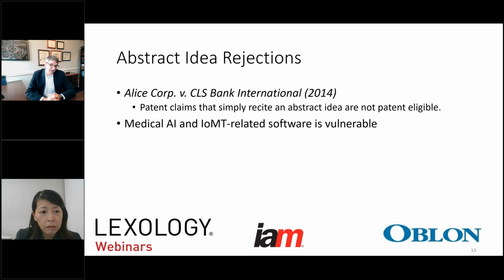It has been indicated by the director that AI is an important area in the US economy and in the future of technology. And so the Patent Office wants to be involved in that, and they don't want to be in a position to stop people from obtaining AI patents. So even though abstract ideas are always an issue, we think that currently the Patent Office is very favorable to applicants in this area.